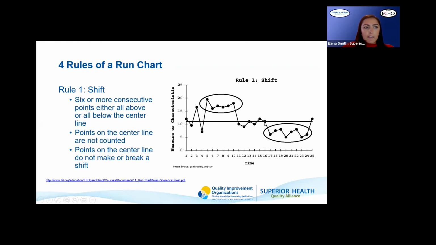As long as there were 6, even with this one being somewhere in the middle, still on the center line, 6 all below the center line, that would still be considered a shift. So you will know that you have statistically significant evidence of change if you see one of these shifts.